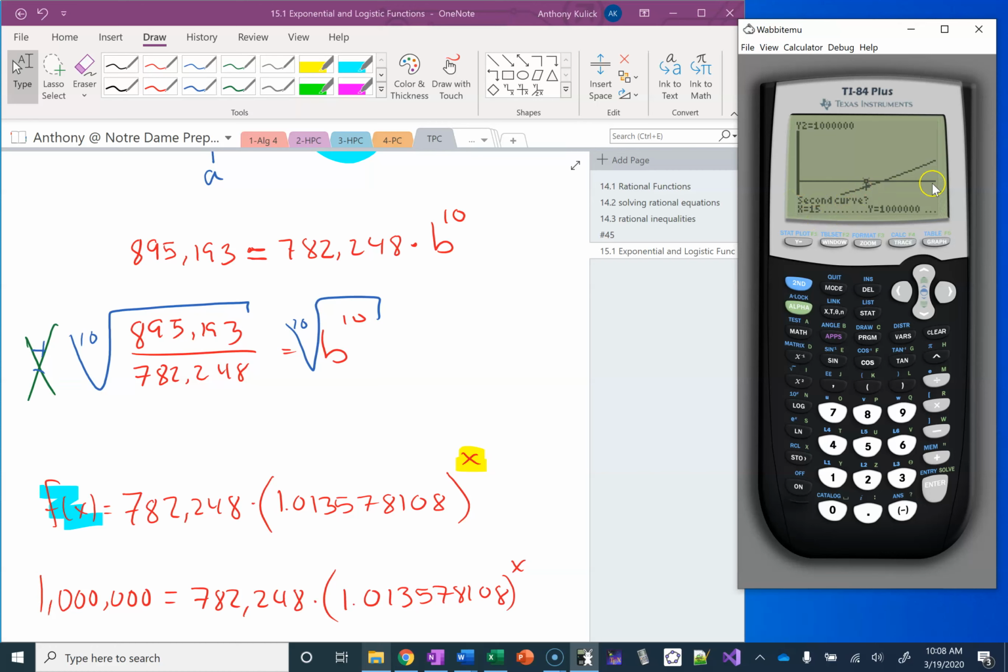The intersection I want to find is between these two, so I'm on the other one, so I'm good there. I'll press enter. And then it says guess. You don't really need to move the cursor to the spot unless there's like a bunch of intersections and you're interested in a specific one. When there's only one intersection like this, you can just press enter anywhere and it'll find it. So it says that intersection happens when x is about 18.21.